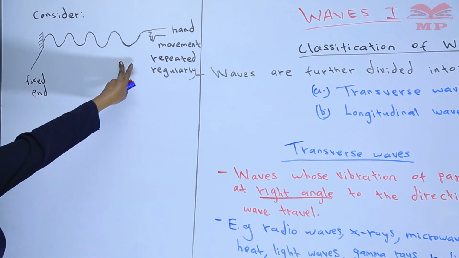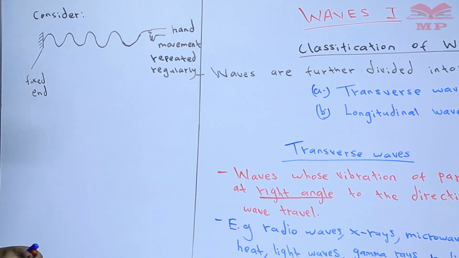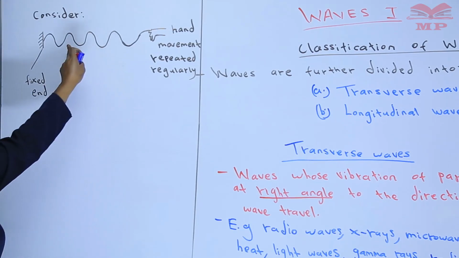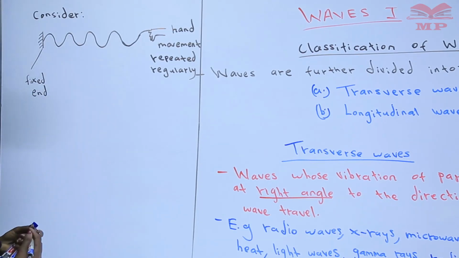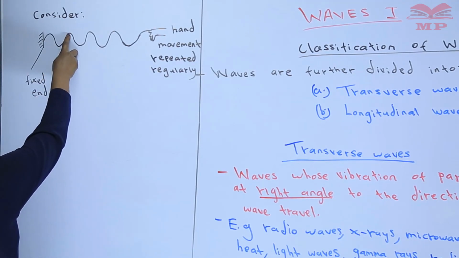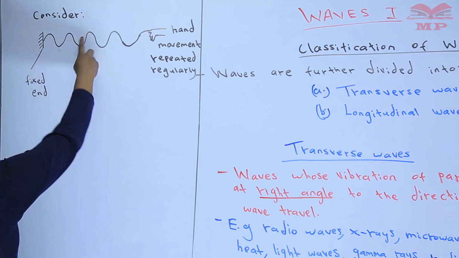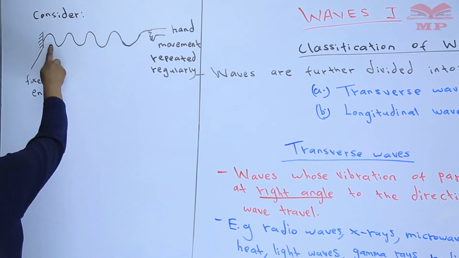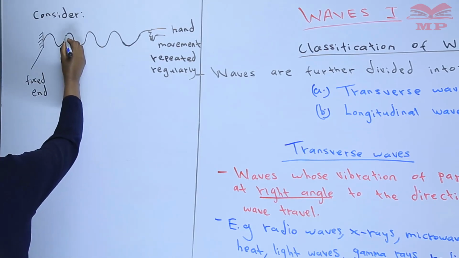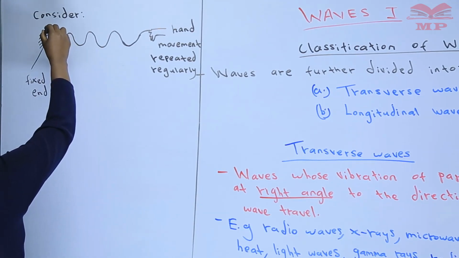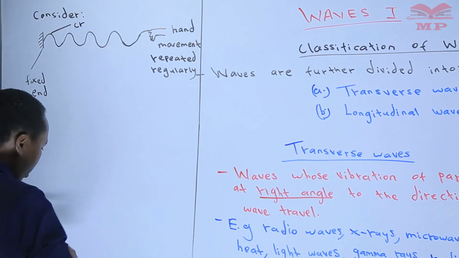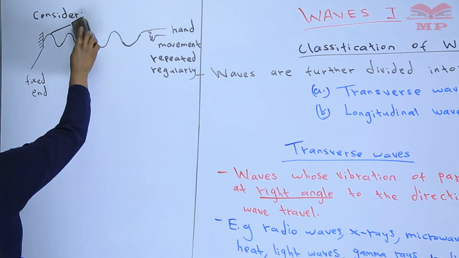I'm sure you have done this, especially when you were young. This is a transverse wave. You can see there are some sections at a lower point, others at a higher point. They alternate: a higher point, a lower point, a higher point, a lower point. Now this higher point is referred to as the crest. It is called the crest.